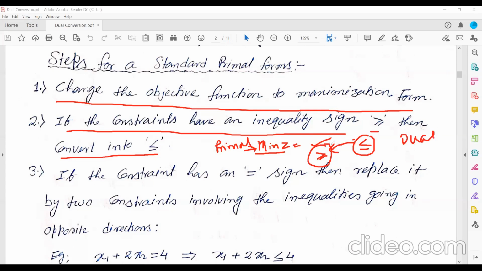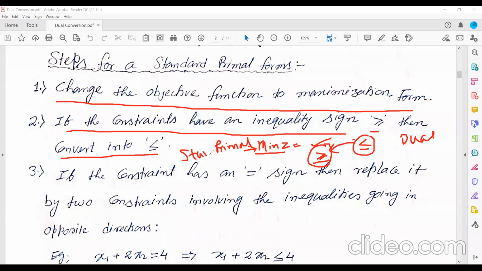So this process: if your problem is minimization and there is a less than or equal to sign, then you need to convert it into greater than or equal to. Then the linear programming we are getting is called a standard primal.